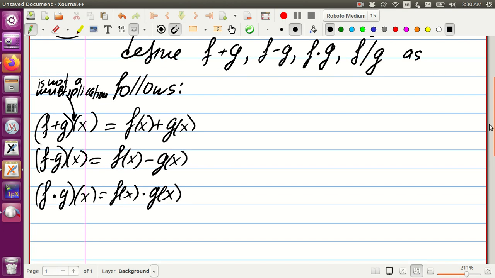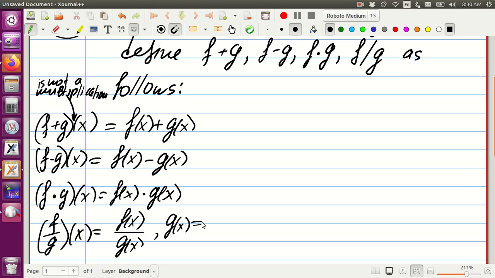And the last one that we need is f divided by g evaluated at x. So we're going to take f of x and divide by g of x. And when we divide something, we don't want the denominator to be 0, so we have to say that g of x is not equal to 0.